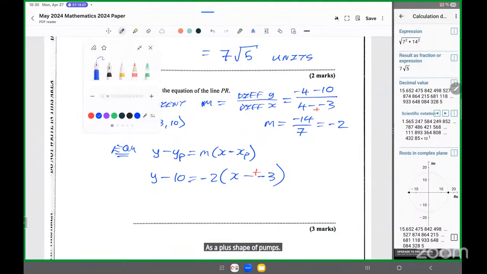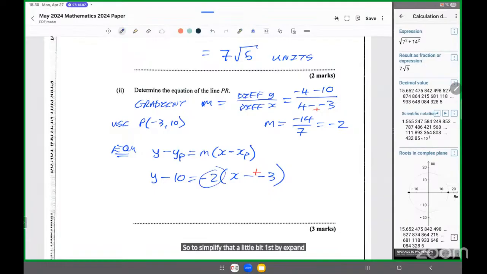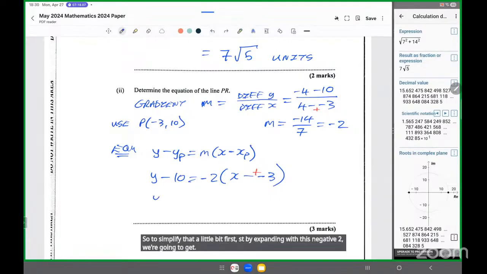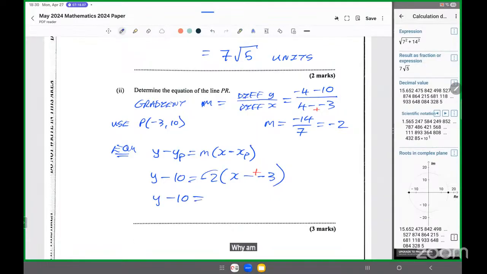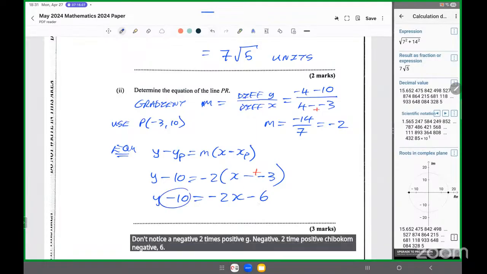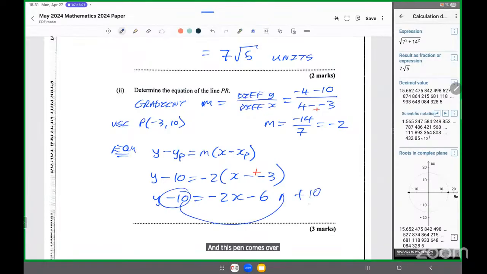If you simplify that a little bit first by expanding with this negative 2, we're going to get y minus 10 equals negative 2 times x is negative 2x. Then negative 2 times positive 3 becomes negative 6. Then this 10 comes over, becomes a positive 10, and 10 minus 6 is 4.